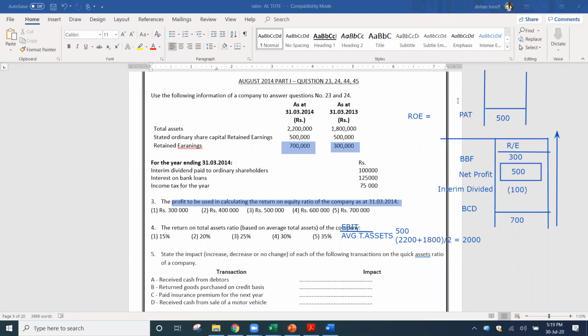Then the tax amount is given. Income tax for the year is 75. If you calculate profit before tax, it equals 575.